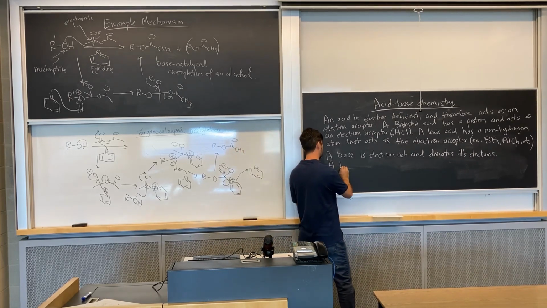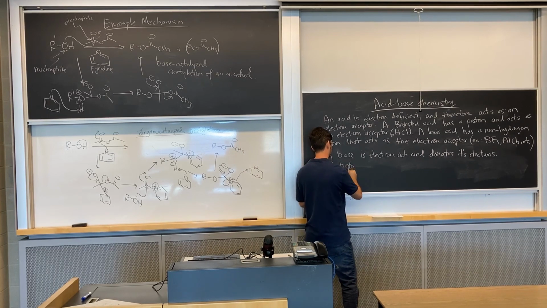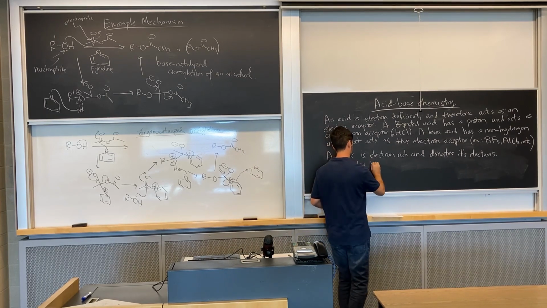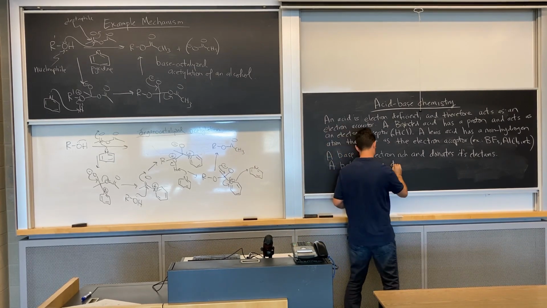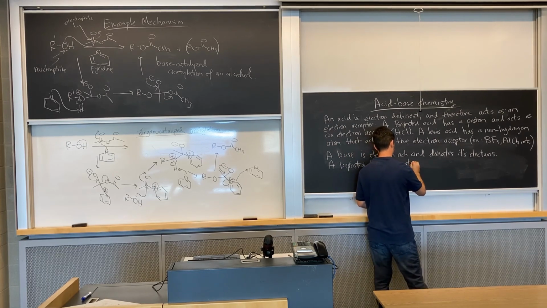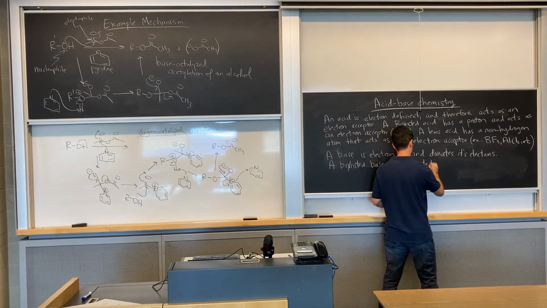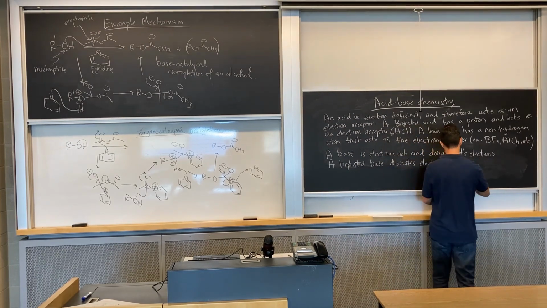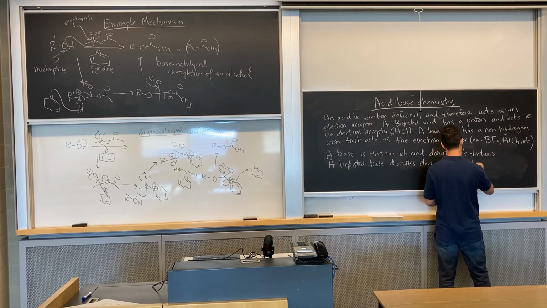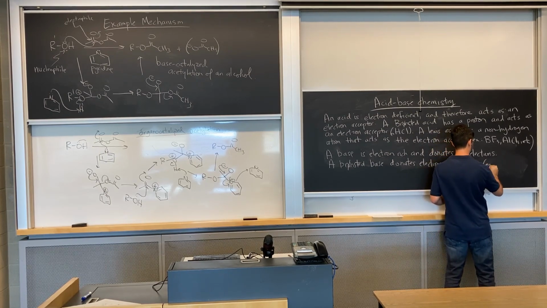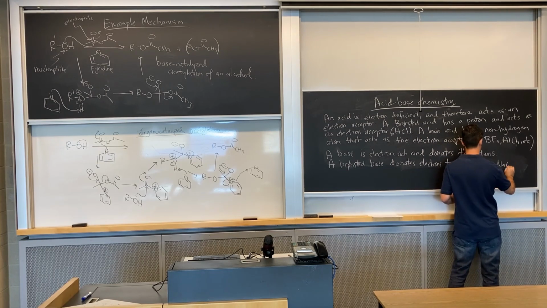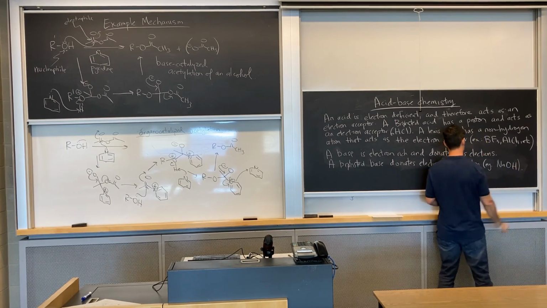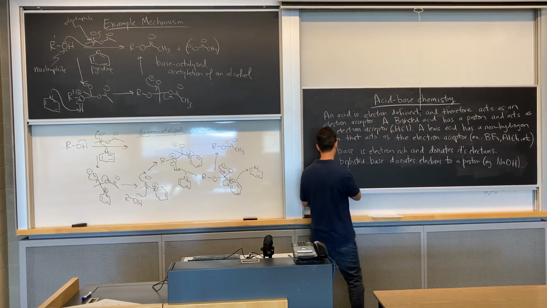So for example, you've seen so many different bases before, something like sodium hydroxide, that's a Bronsted base, and then a Lewis base.